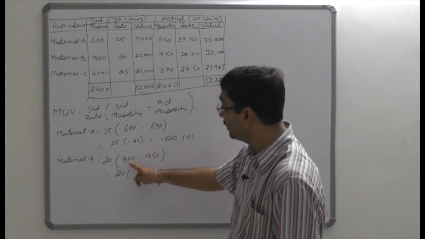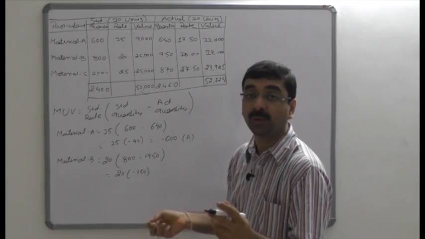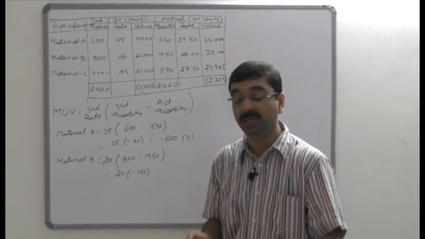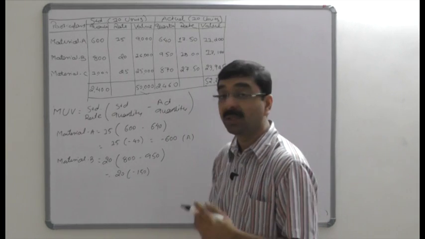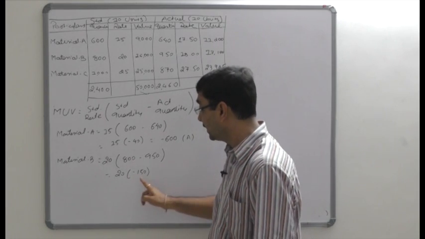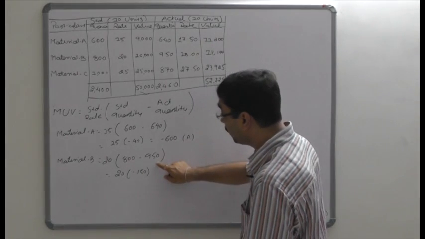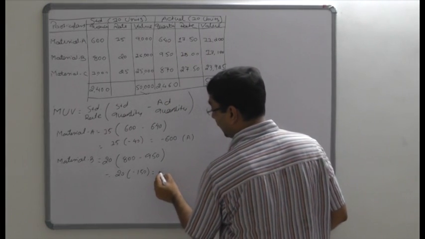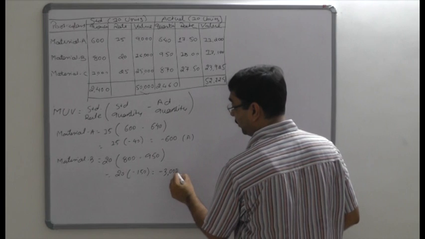They need only 800 quantity as per the calculation, as per the historical ideas, as per the predeterminations, but they used 150 quantity more than the standard, that is 950 quantity, for the manufacturing of 10 units, and that's why their answer is adverse 3000.